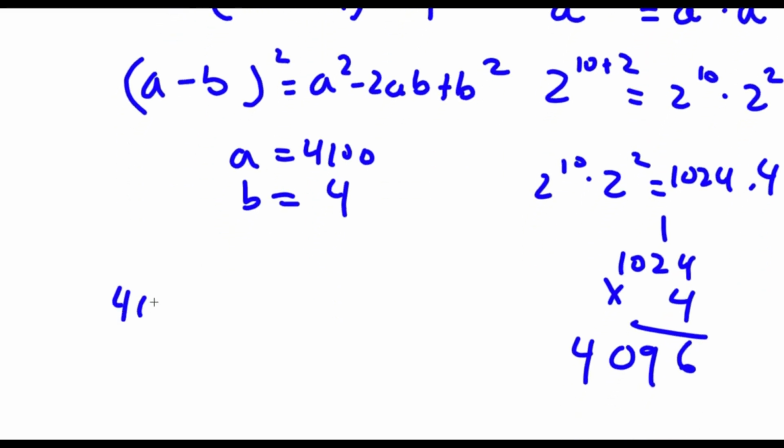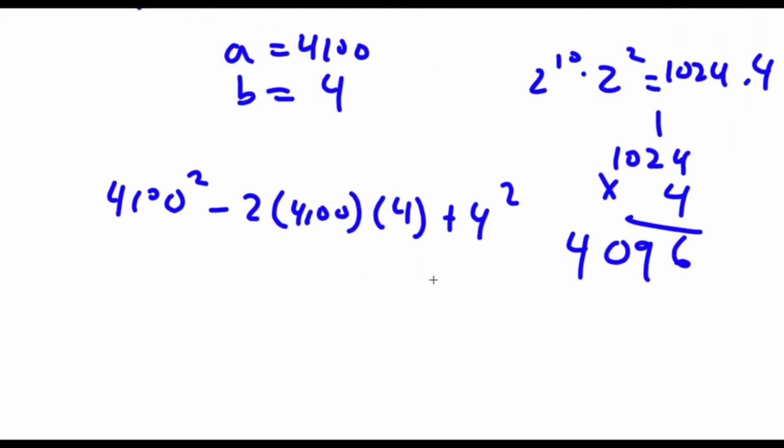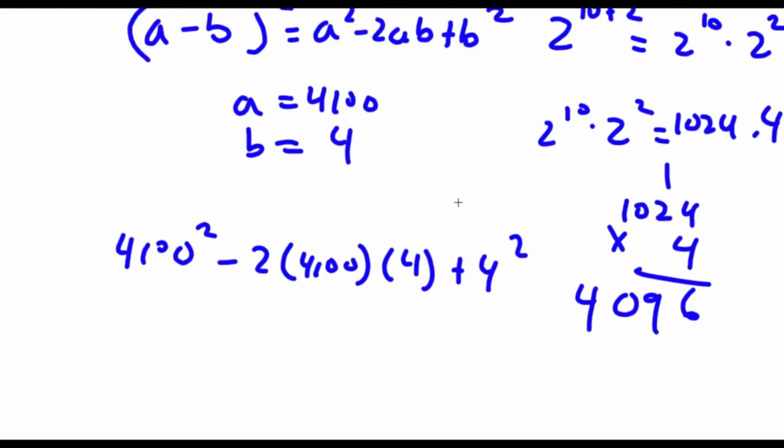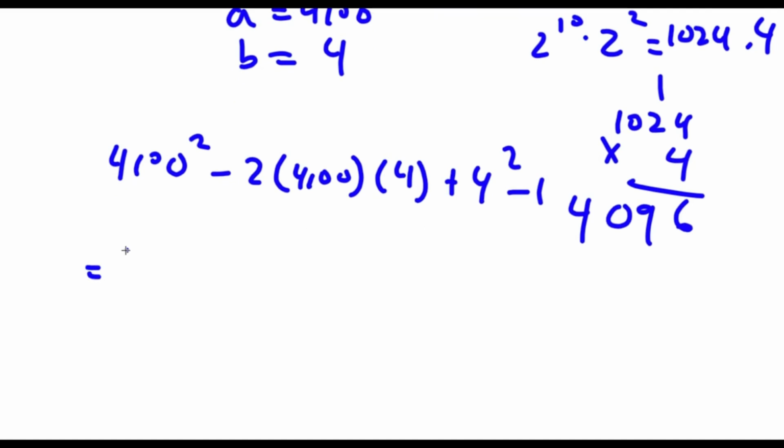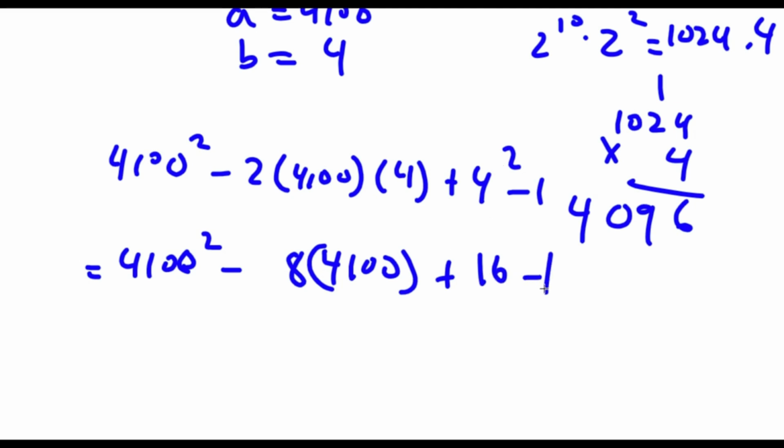So now I have 4100 squared minus 2 times 4100 times 4 plus 4 squared. And we can't forget the minus 1 at the end. So now this is equal to 4100 squared minus 8 times 4100, because 4 times 2 is 8, plus 4 squared, which is 16, minus 1.